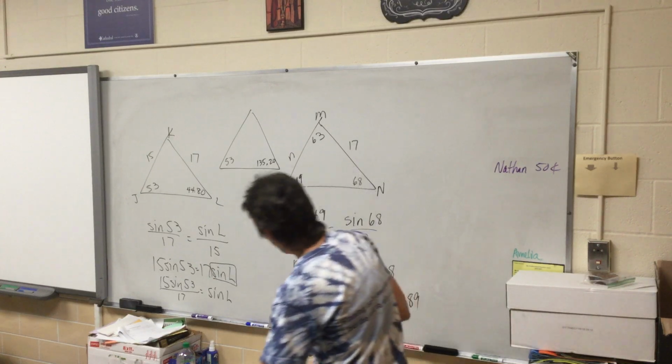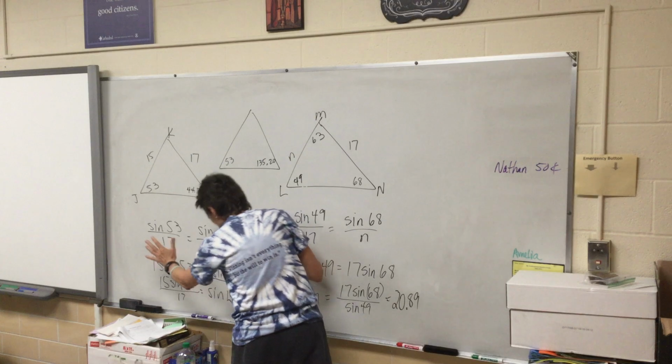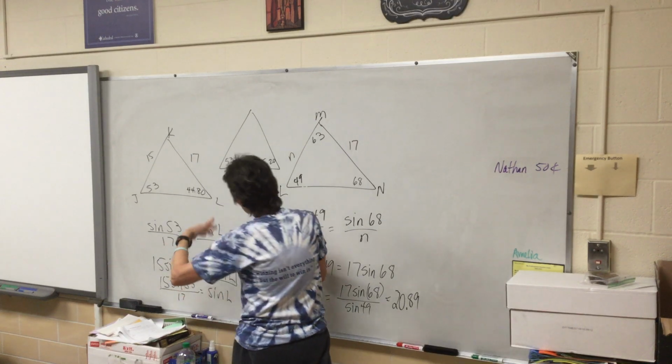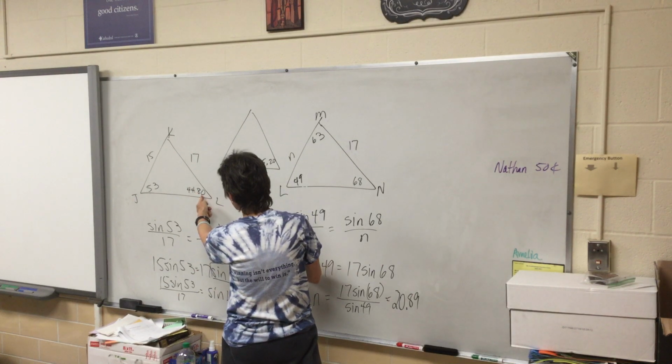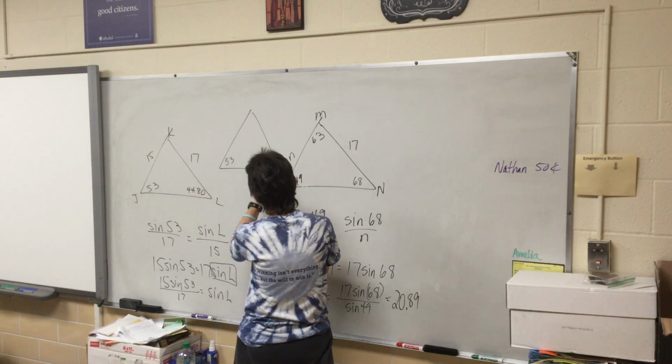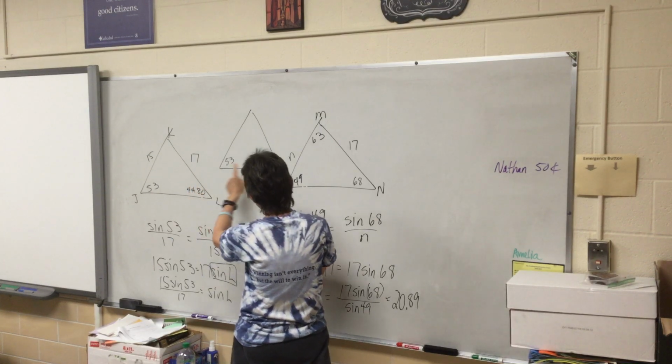So once you do second sine, it's either going to say error or it's going to say answer, and here's the answer. Then you check the other answer, which is always 180 minus the first one.